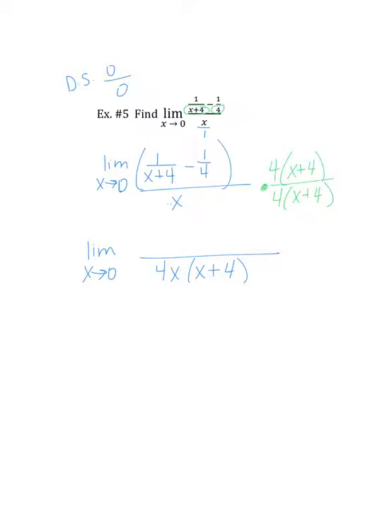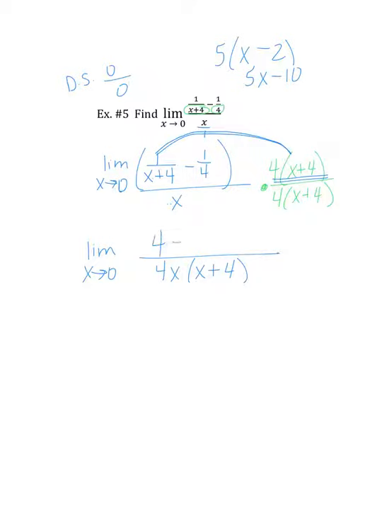When I distribute this thing to this first term, what I'm doing basically is this: 5 times x minus 2, for example. I get 5x minus 10. That's what I'm doing. I'm just multiplying this times this. Notice when I do that, the x plus 4s would cancel, and I would just get a 4.